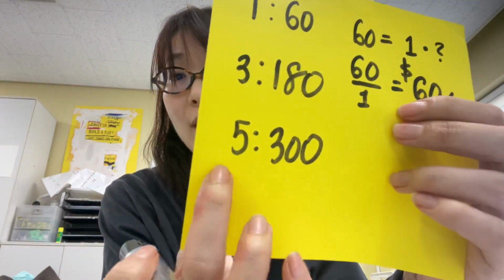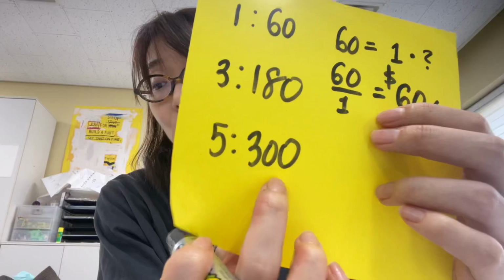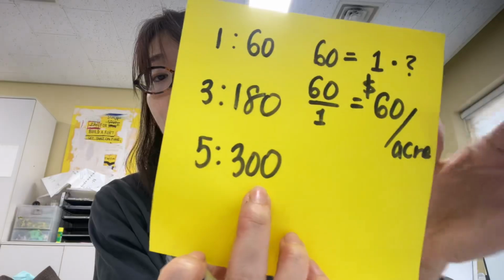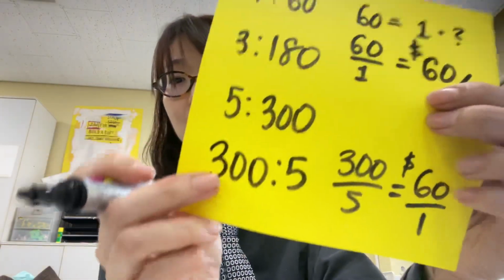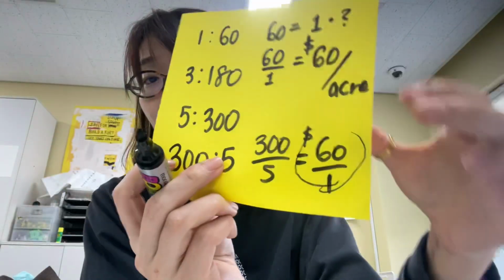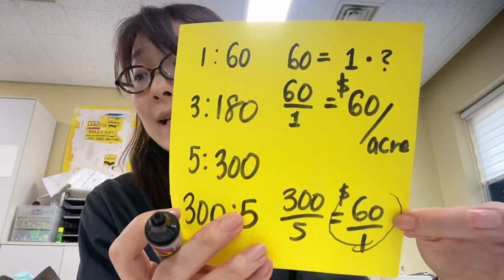And if we take a look at our very last ratio, now I have amount of acres first, and then that's compared to the cost. But since we know that 1 acre costs $60, we can rewrite this as 300 to 5, which is 300 over 5, which is 60 over 1. So we have an equivalent ratio, right? So my constant of variation is 60.